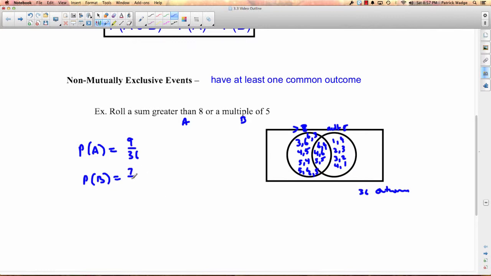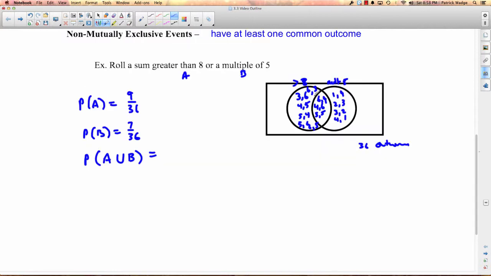So it's 7 out of 36. The probability of A or B. Well, that means it has to be in this one, or in both of them. So in other words, we just count all these up. 1, 2, 3, 4, 5, 6, 7, 8, 9, 10, 11, 12, 13 out of 36.